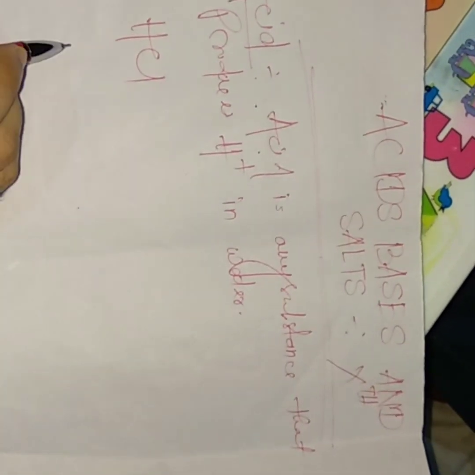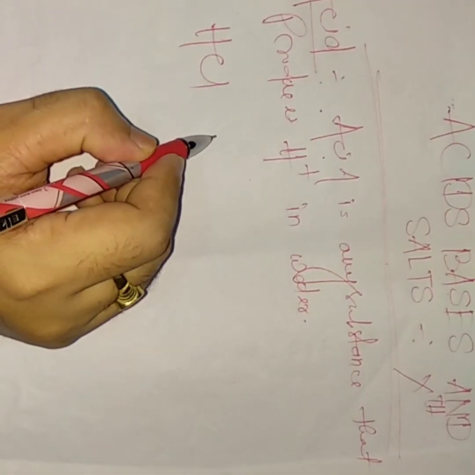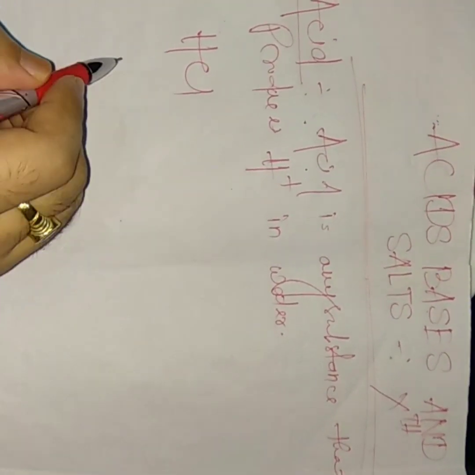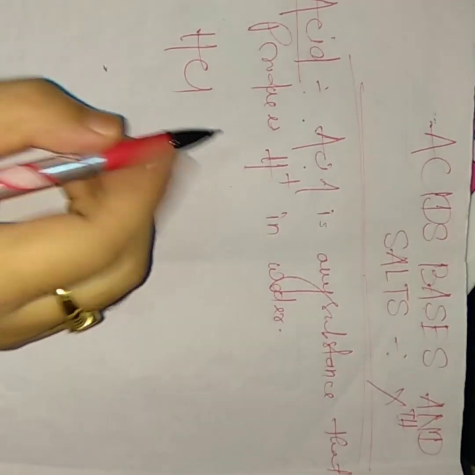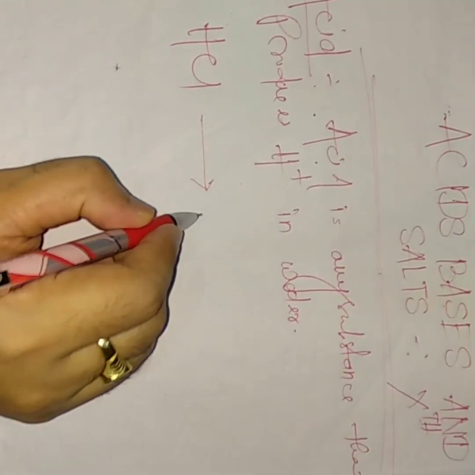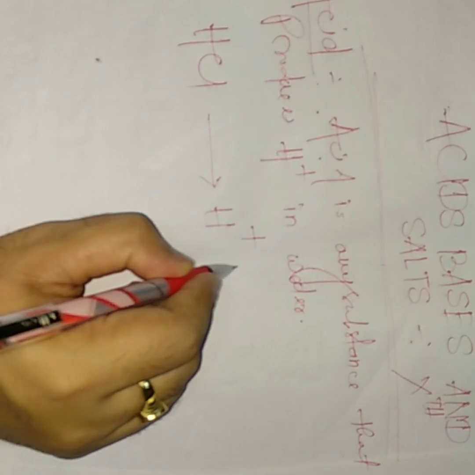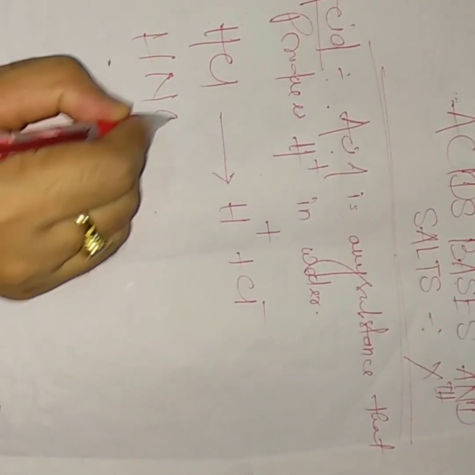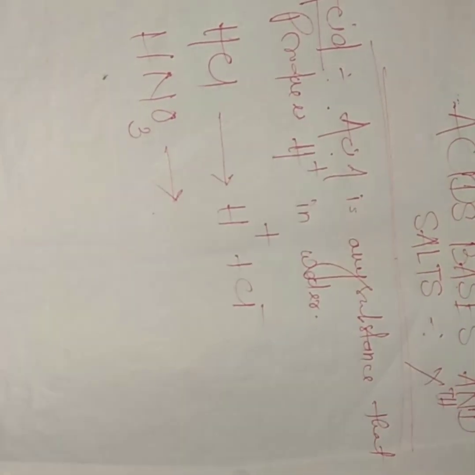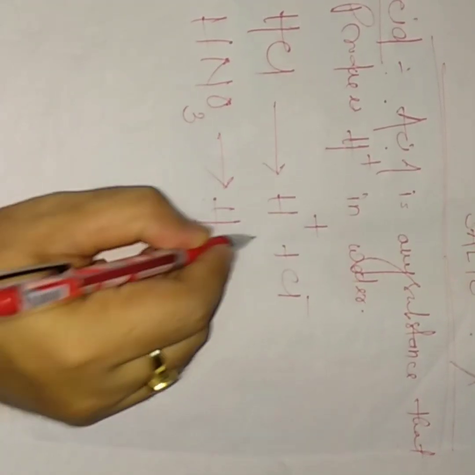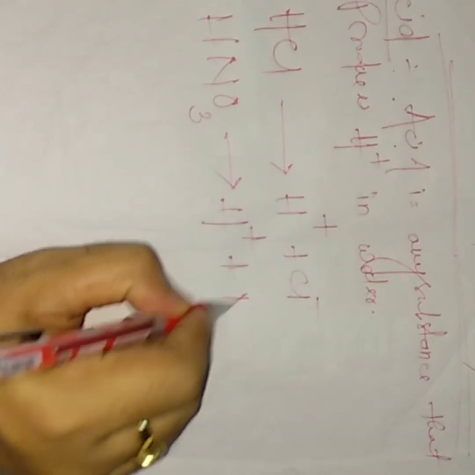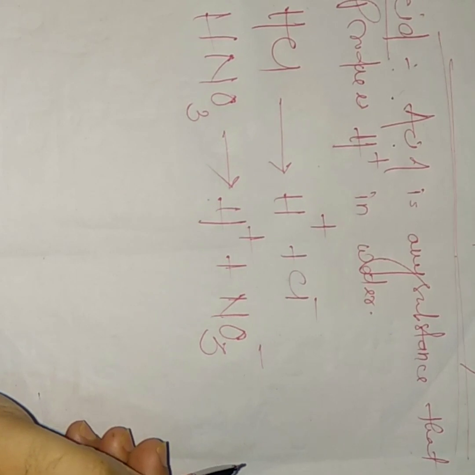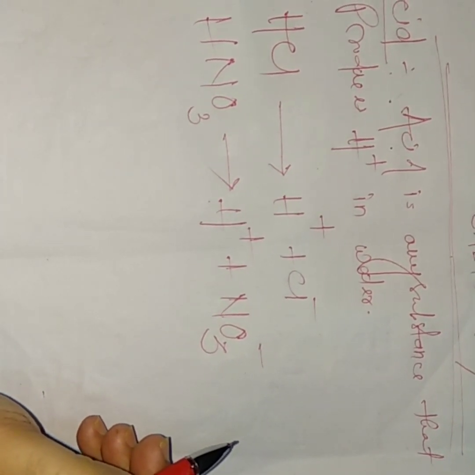Suppose this is hydrochloric acid, and when you drop a few hydrochloric acids in water, then undoubtedly it will break down into H positive and Cl negative ion. Suppose you have dropped some nitric acid into water, then it will give you H positive and NO3 negative ions. So that is acid.